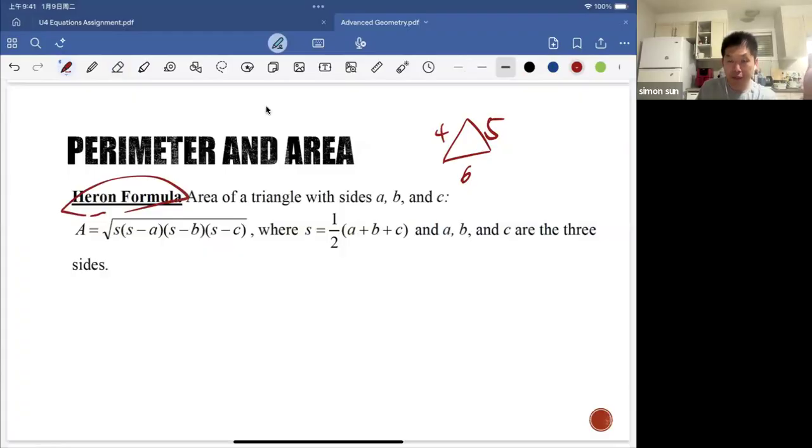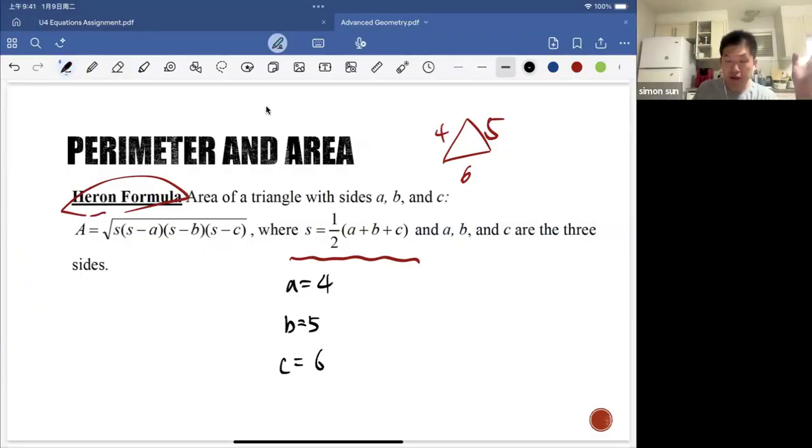What we do here is first we take the sum of all the three sides, 4, 5, and 6. As an example, let's say A is 4, B is 5, C is 6.